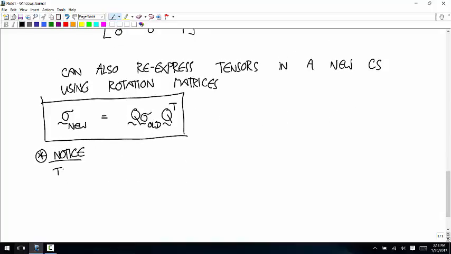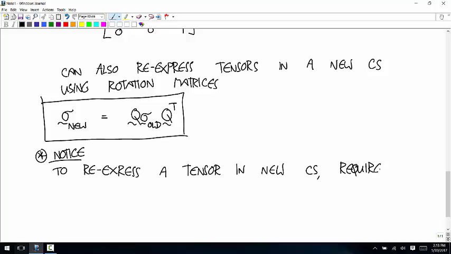So notice, to re-express a tensor in a new coordinate system, it requires multiplying by 2 rotation matrices. It's the same rotation matrix, but one's the matrix and one's its transpose.